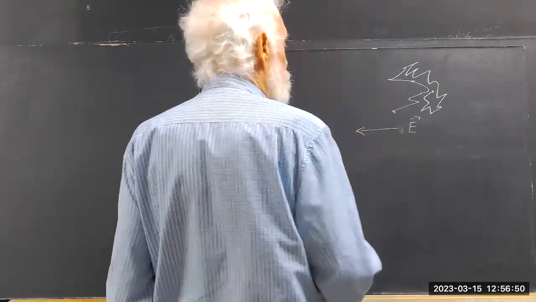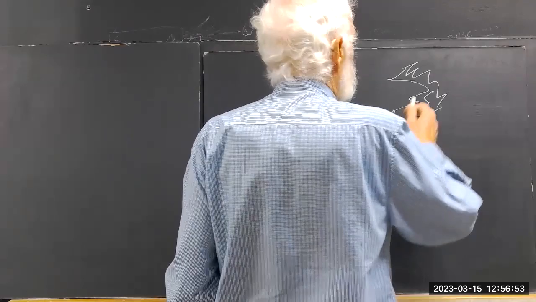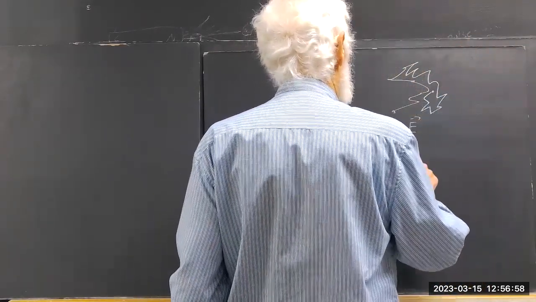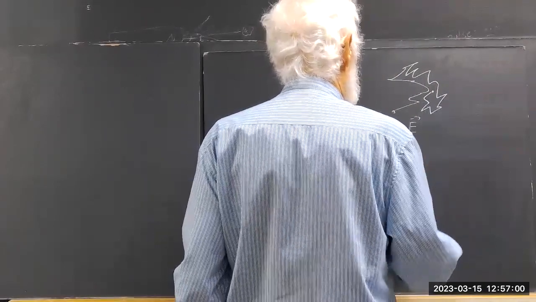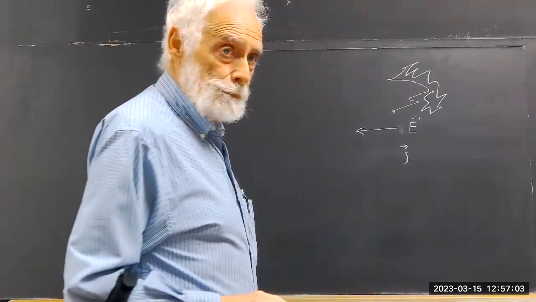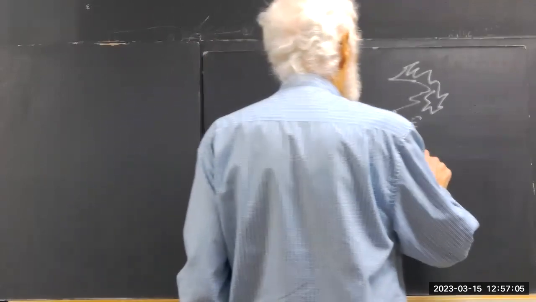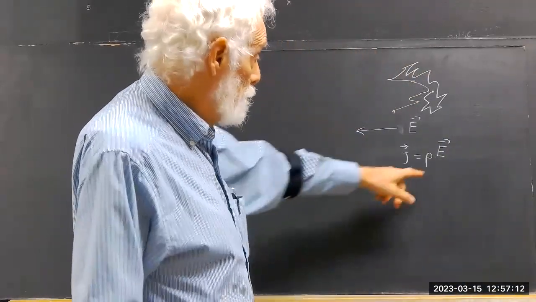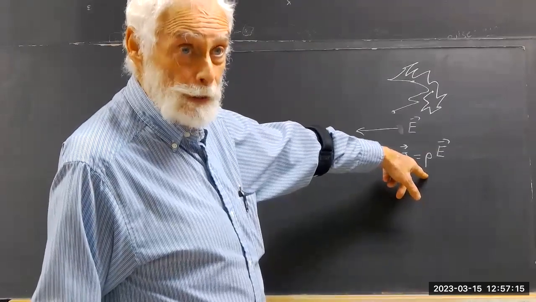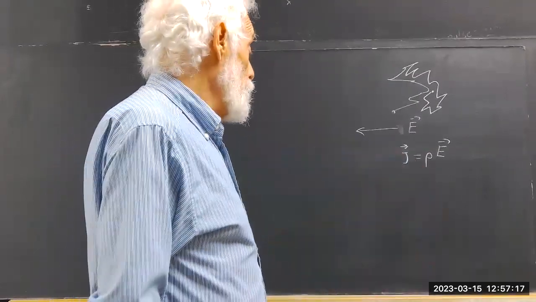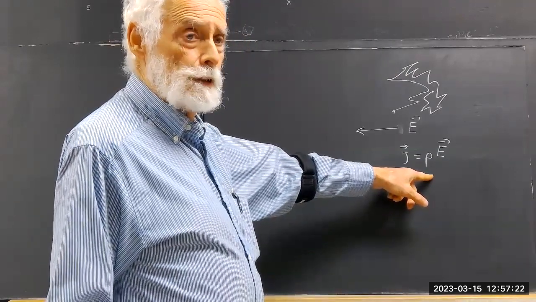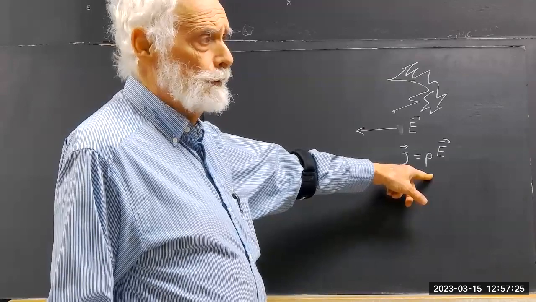Okay, E gives you this. And the collection of all the electrons drifting this way gives you J. And J is proportional to E. So rho is your proportionality constant, called the conductivity, except rho should be resistivity.